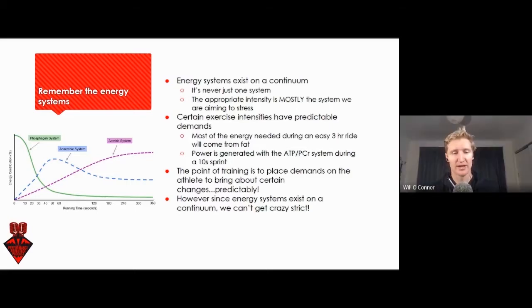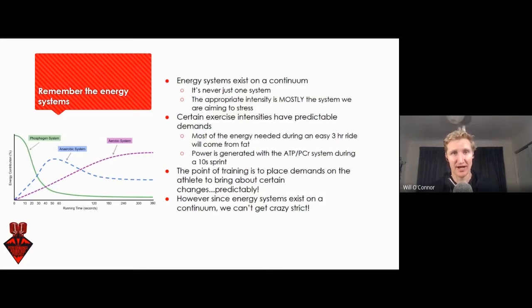Yeah, and really, it's just kind of the agreed science, which we need to understand when we start to overlay zones onto these energy systems. We want to go, okay, this is the way the body works, and this is the way we're able to convert oxygen and our food sources into usable forms of energy. And these are the approximate times that represent these energy systems, and also there are crossover points.